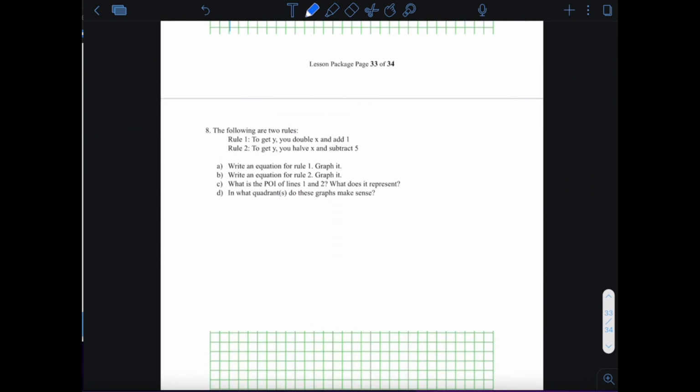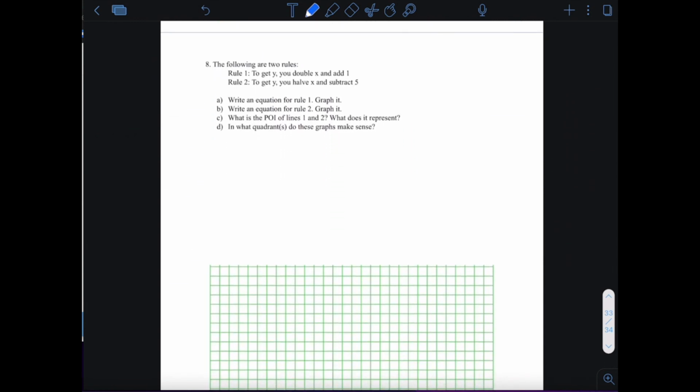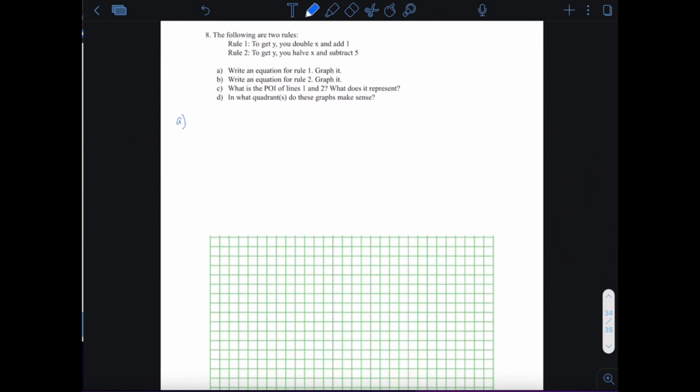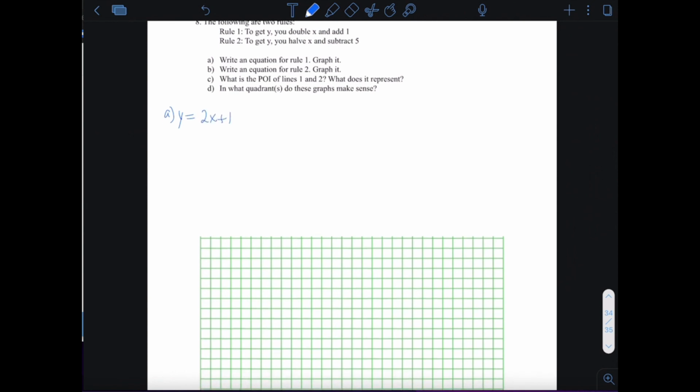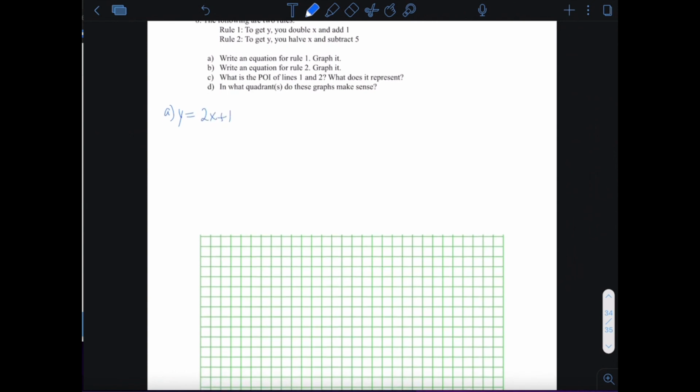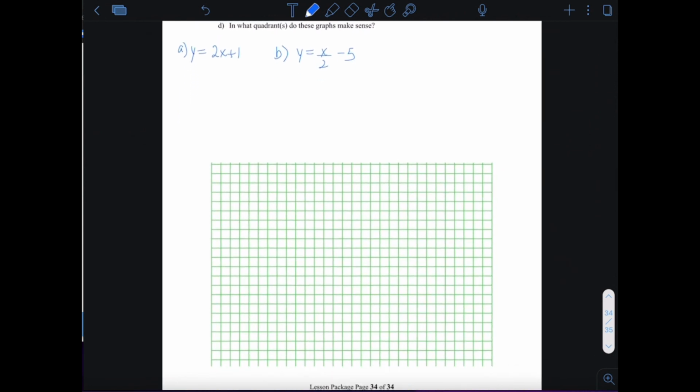Okay, last one. We have 2 rules. Rule 1: to get y, you double x and add 1. Rule 2: to get y, you halve x and subtract 5. Okay, write an equation for rule 1 and graph it. I'm going to double x and add 1. Might as well do b at the same time. x over 2, subtract 5. So let's graph these.